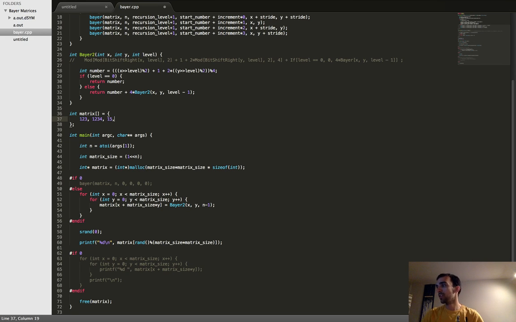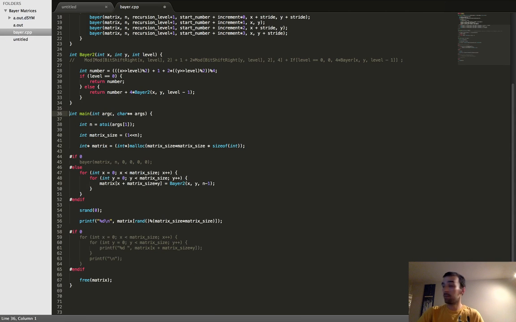That's the whole point of why I'm writing this algorithm, so that now you can generate an arbitrary size matrix. The goal is we're writing Bayer matrices, which are used in dithering, which are used in rendering a lot. And there's a link in the description that talks about Bayer matrices.